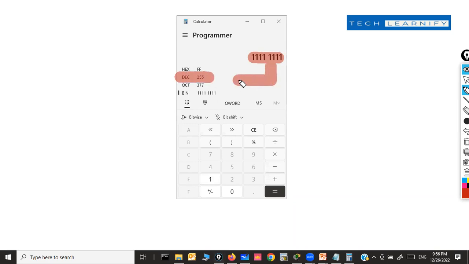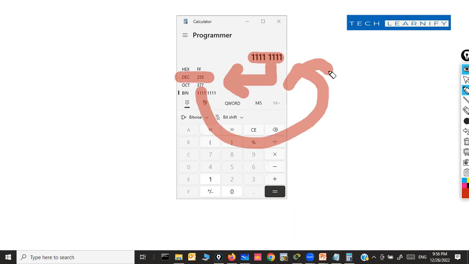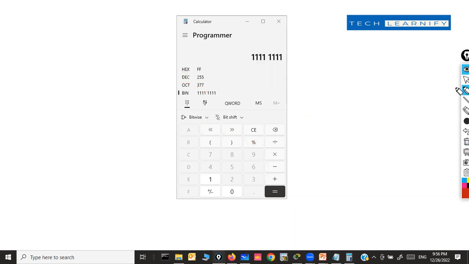And tomorrow you will understand. Today we are using the calculator, right? So all ones means 255, but tomorrow, or maybe if I'm able to spare time today, but probably not today, tomorrow, I will tell you the logic, the way binary to decimal or decimal to binary conversion is done.